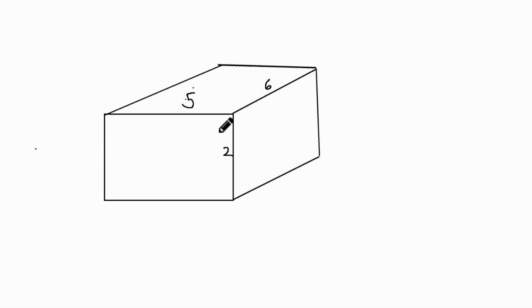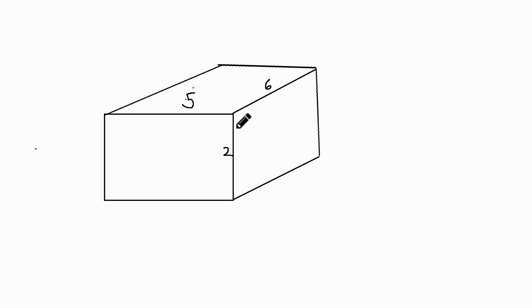So if we were asked to find the surface area for this shape, it's a bit trickier than what we just did. So there are 3 numbers instead of 2. So we got 5, 2, and 6. So how should I go about it?